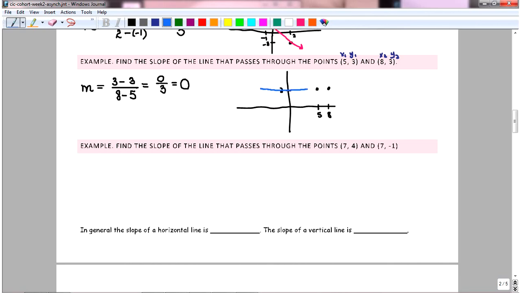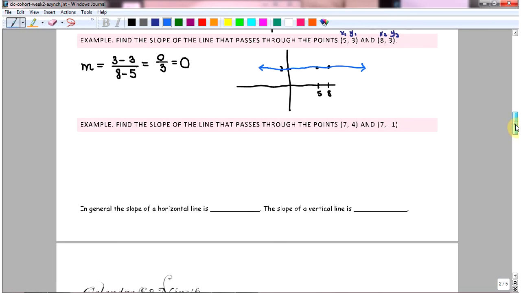So when we draw the line that goes between them, we see it's going to be a horizontal line. Okay, so with the same y value, you're going to end up with a slope of 0, which makes sense if you think about a ski slope. You think about something that's going to be climbing, something you can slide down. Well, if the slope is 0, it means it's flat, which is what we have in this example.